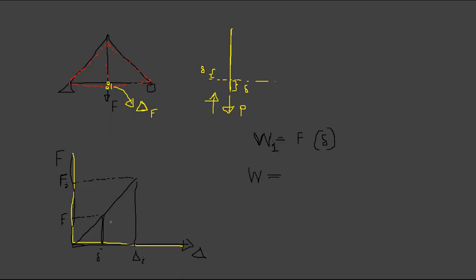So that means really this area, right? You need to integrate it over the length, into d delta, right? So what this will basically give you is the area of this triangle, right?